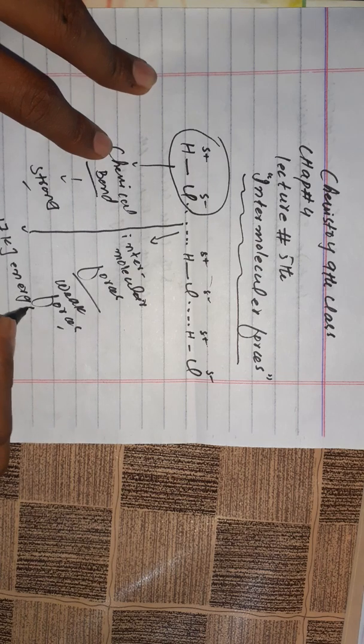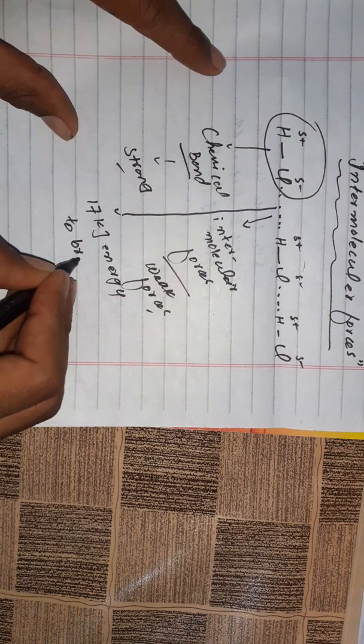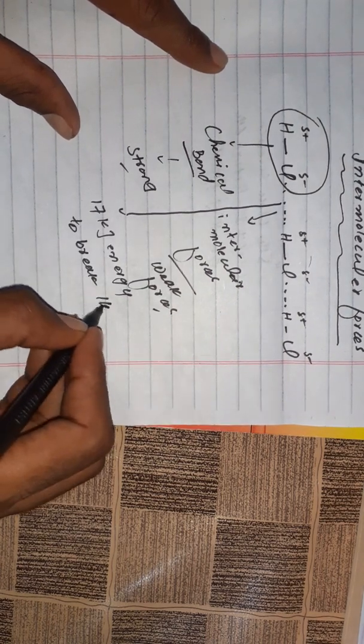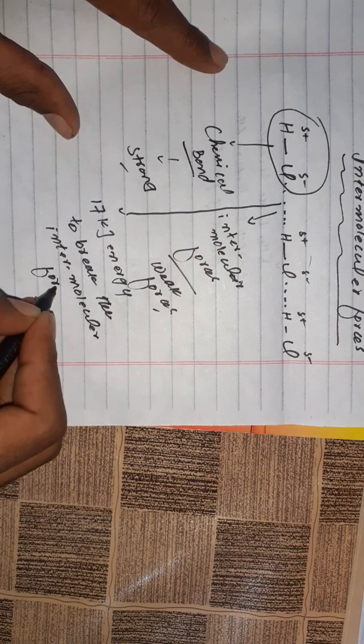When we talk about the strong bond and intermolecular forces, it requires about 17 kilojoule energy to break the intermolecular forces. Clear?